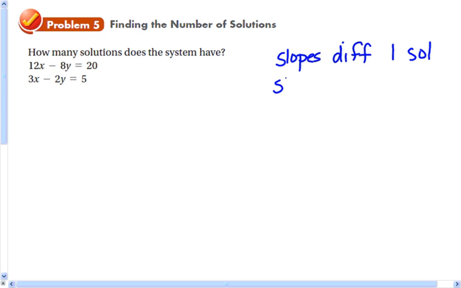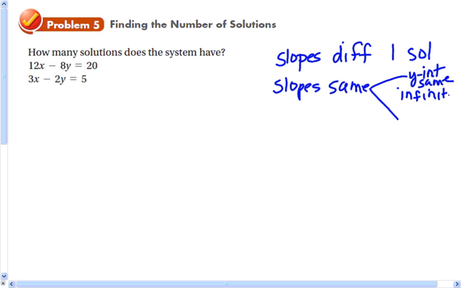If the slopes are the same, we have two things that can happen. If the y-intercepts are also the same, then there's an infinite number of solutions. If the y-intercepts are different, then there is no solution.